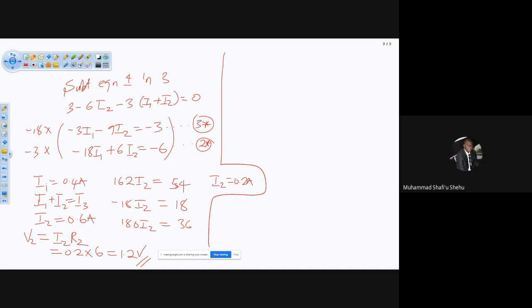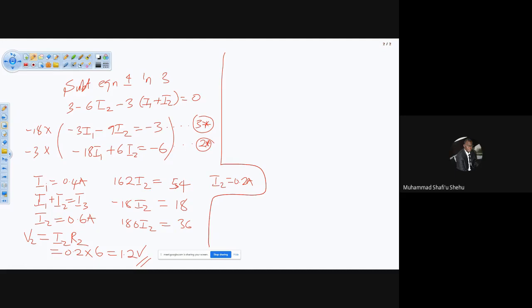I also gave you so many differences between the two, because when you are dealing with mesh analysis, remember, the number of currents depends on the number of loops. But if it is branch, the number of currents depends on what? The number of resistors. And secondly, when you have a resistor in common, both loops will be part of your equations.